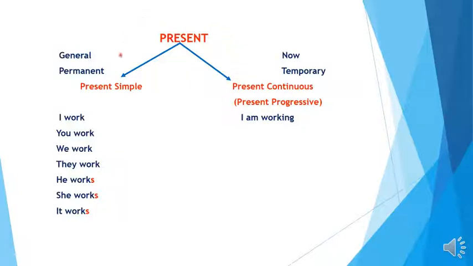Let's talk about present simple now. Here, as you know, the action is happening now. But if you want to talk about actions in general, I mean the actions that happen daily, or every day, usually, or the actions that you do as habits, or we call habitual actions.